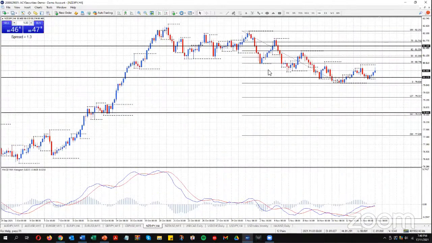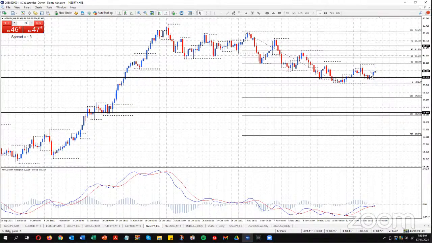What does the 4-hour chart tell us? 4-hour chart at the moment is in an uptrend. It's actually put in a higher bottom. So it's moved up to 2 higher tops, higher bottom forming on that support area, the monthly top, and it is trading up at the moment.